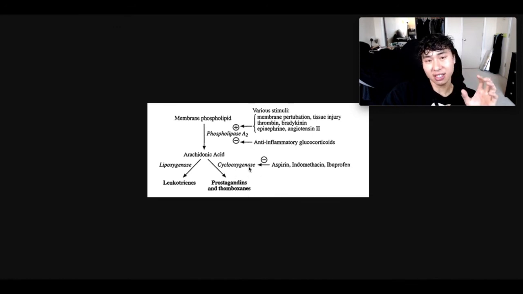So bad fats like omega-6 fatty acids that are contained in the typical Western diet upregulate prostaglandins, while the good fats in omega-3 fatty acids compete with this enzyme to reduce prostaglandins.